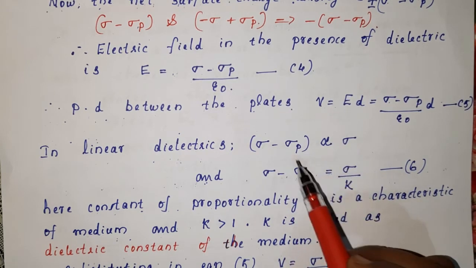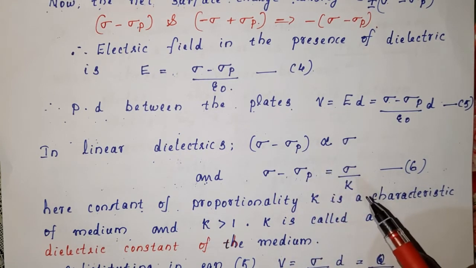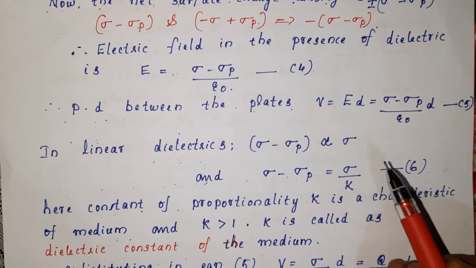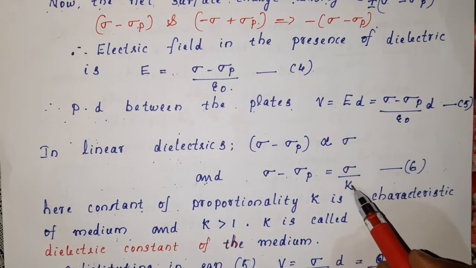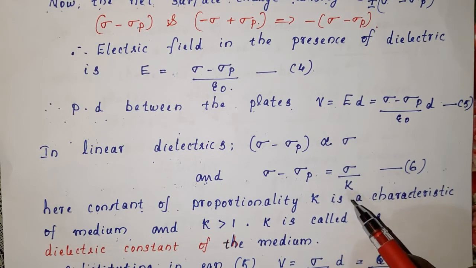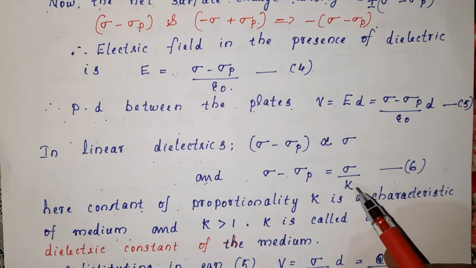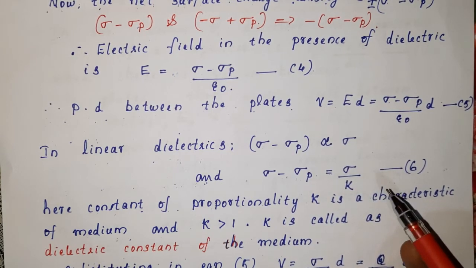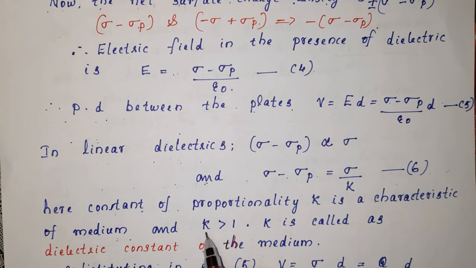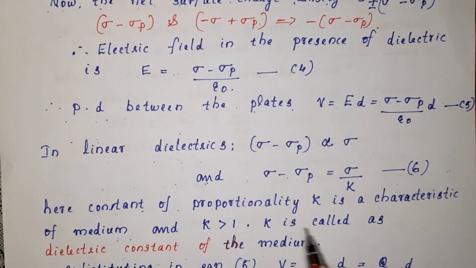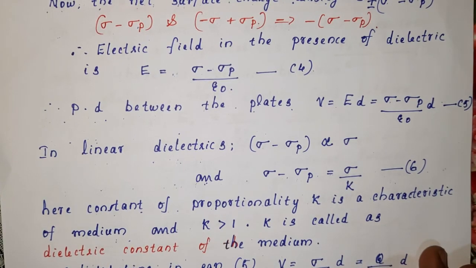Which one is greater, sigma minus sigma p or sigma? Sigma is greater, isn't it? So what about the value of k? We wrote k in the denominator, so k should be greater than 1. So k is greater than 1, and this k is called the dielectric constant of the medium.